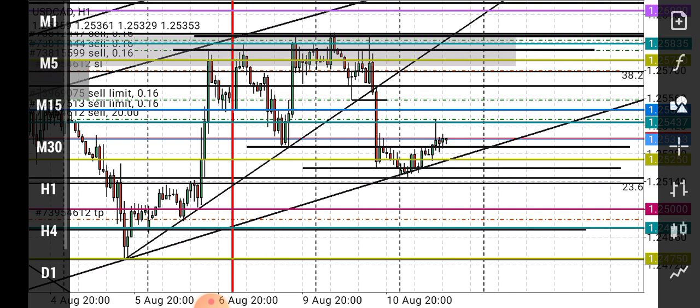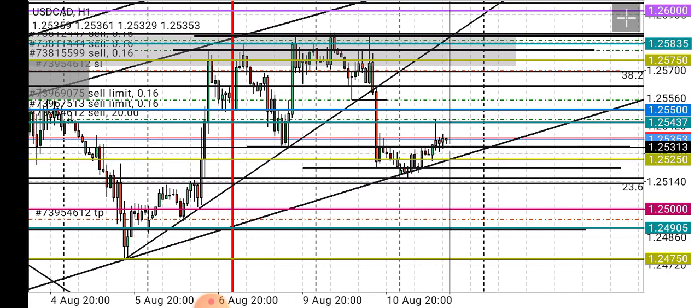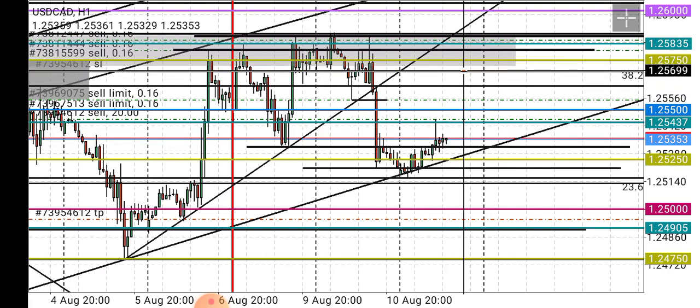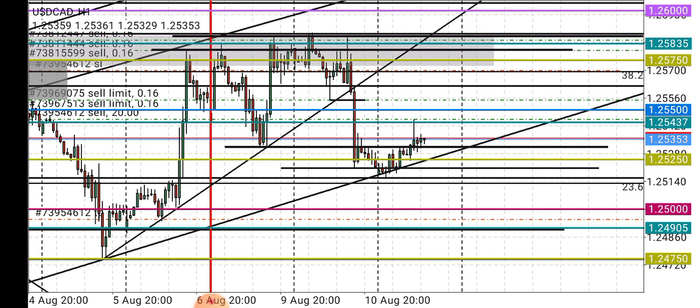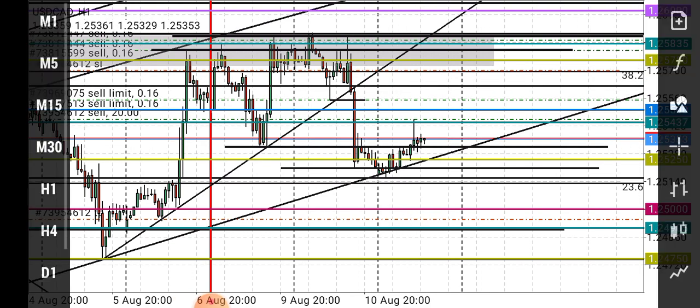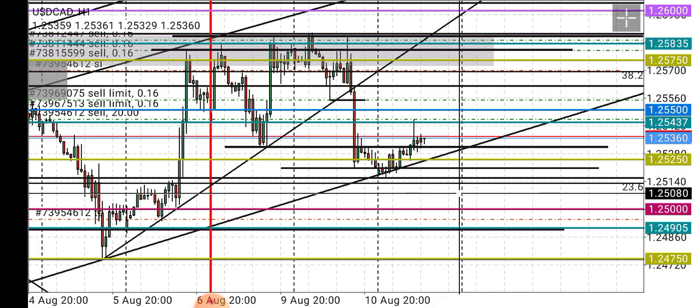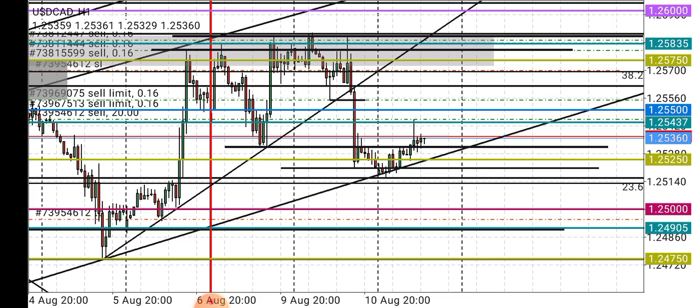And if you check very well, on this position, the stop loss parameter is placed and the take profit parameter is also placed.